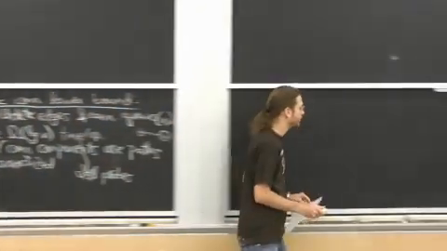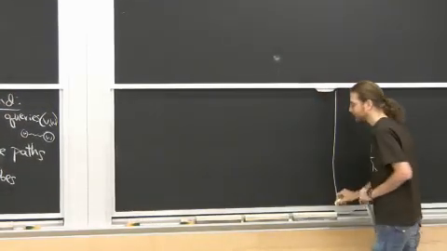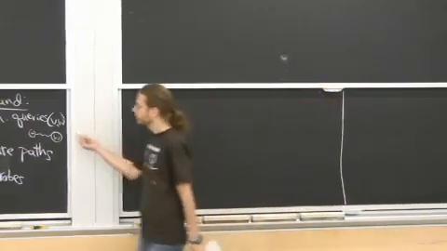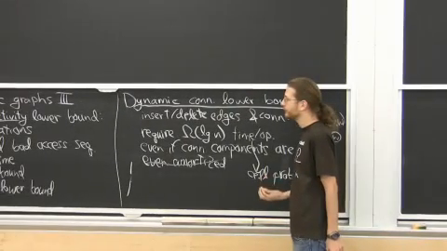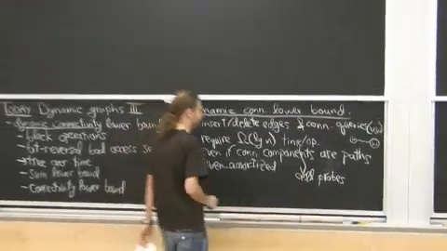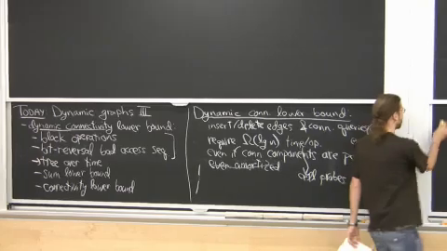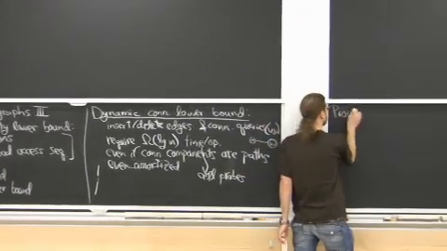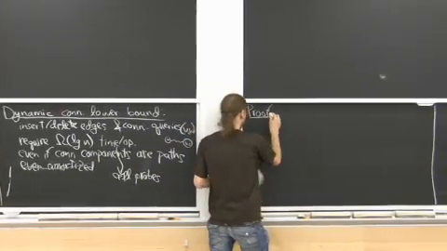So let's prove the theorem. For the lower bound, we get to choose what access sequence we think is bad. And so we're going to come up with a particular style of graph, which looks like the following.